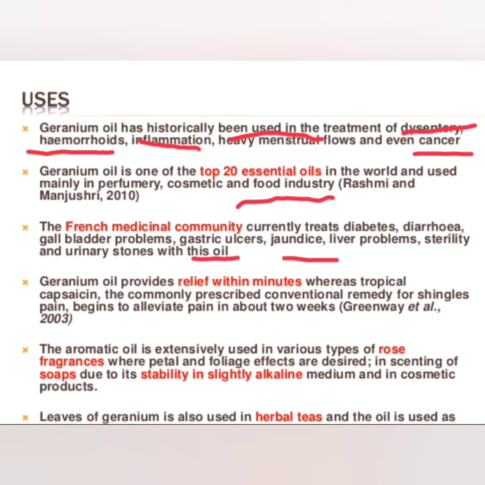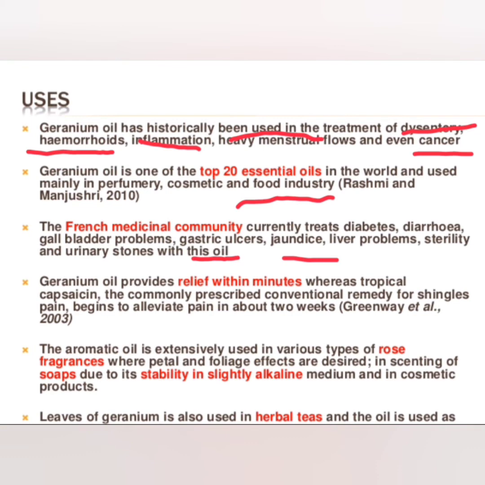You can see many diseases such as diabetes, diarrhea, gallbladder problems, gastric ulcers, jaundice, liver problems, sterility, urinary stones. All these diseases have been treated using this geranium oil. So it has many important uses in medicine.